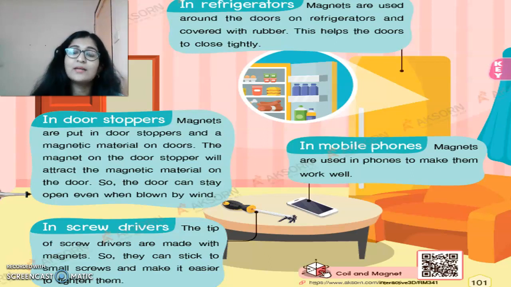So magnets are used in refrigerator doors, in mobile phones, in door stoppers, and in screwdrivers.